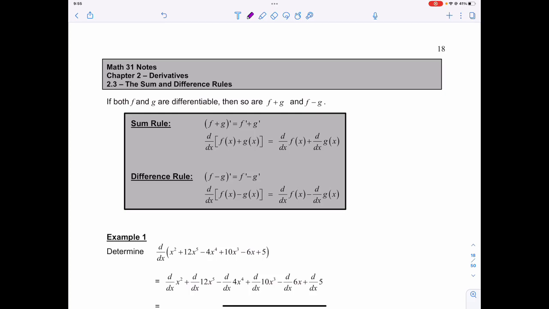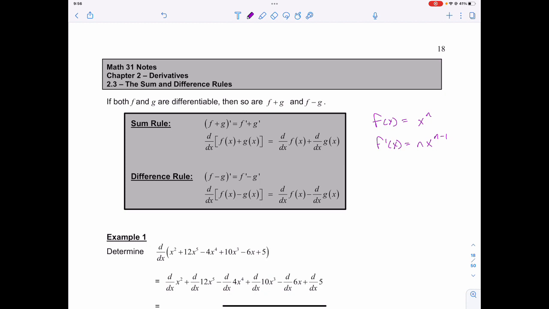All right, in the last lesson, we took a look at the power rules for derivatives, knowing that if I had f of x is equal to x to the n, then f prime of x is going to equal nx to the n minus 1.